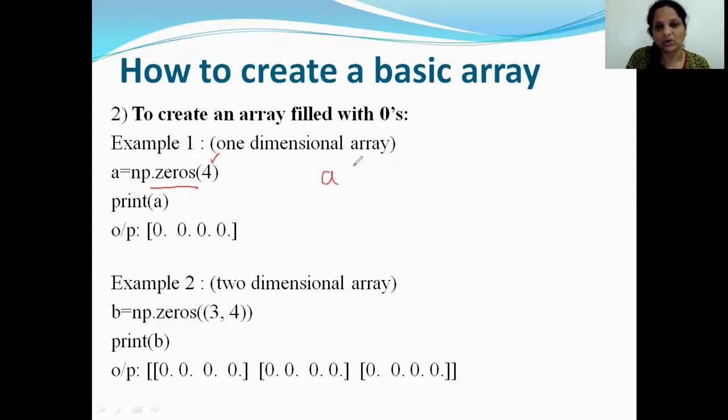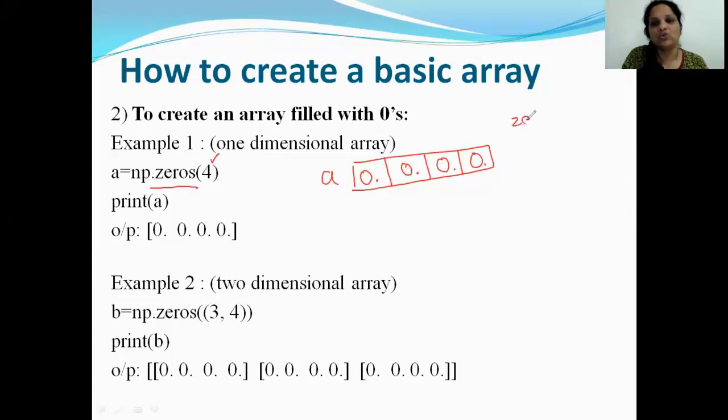So basically, you're creating this: 0, 0, 0, 0. But it does not create it as an integer. It creates it as a floating point number.